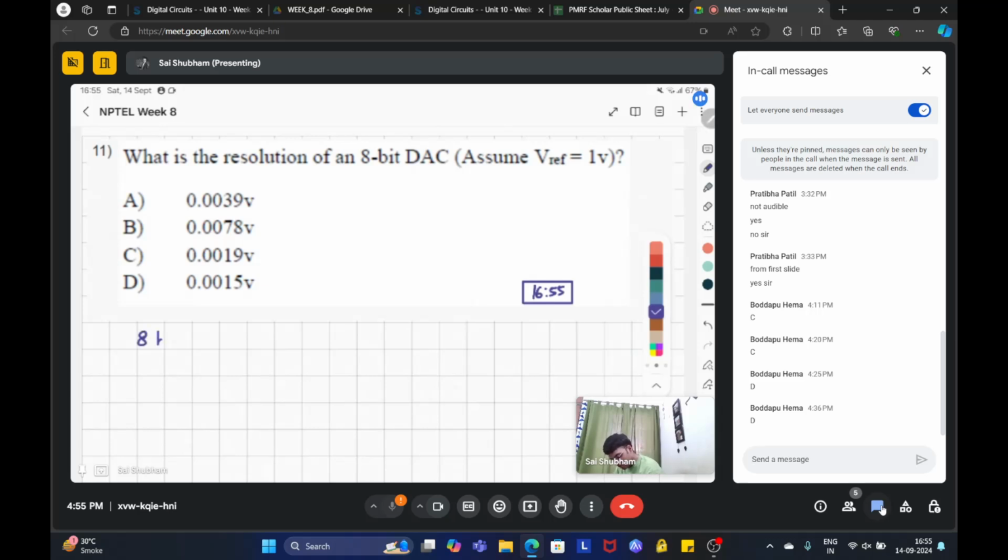If you have an 8-bit digital to analog converter, it means there should be 2 power 8 states. And those 2 power 8 states should lie from 0 to 1 volt. So the precision is (1 minus 0) by 2 power 8. So this comes to somewhere around 39 millivolts. So the answer is A.